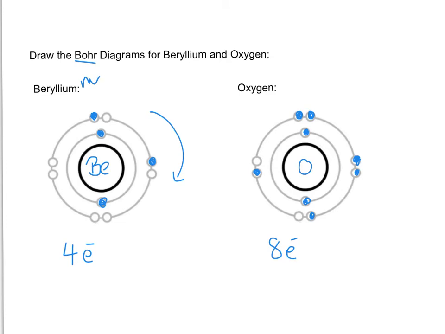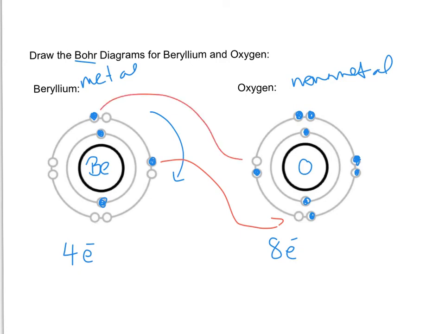Beryllium is a metal. Oxygen is a nonmetal. So what's going to happen if they react? Beryllium will donate both of its electrons to oxygen, and they will form a compound.